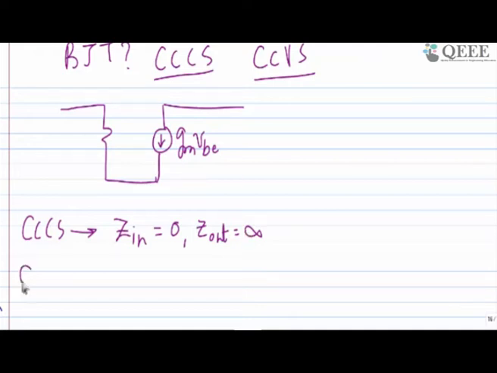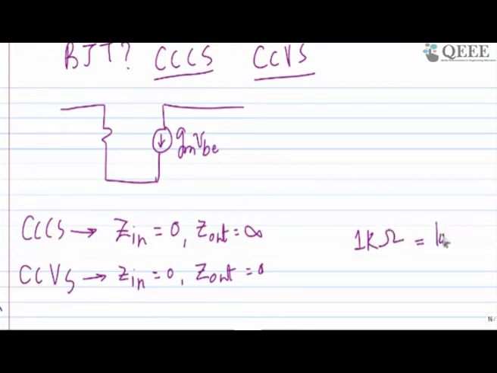And for a CCVS, your input impedance is 0 and output impedance is also 0. Remember that 1 kilo ohm we are going to call low, as good as 0 for us. This is one assumption. Let's agree on that. In mega ohm and higher values, we are going to call it infinity, or the higher value.